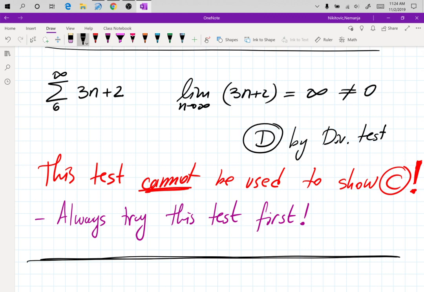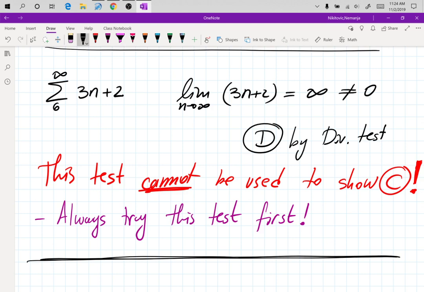Well, this is the cheapest and the fastest method for sequences and series. You get your exam and you have maybe 15 of these to solve. You run this test against every problem first. It will knock off 2 or 3 problems off the whole list. Then you go back and say, oh, this one is alternating, this one is telescoping, this one is geometric, and you use their appropriate methods.